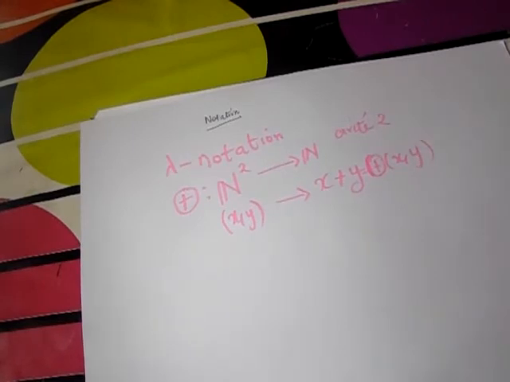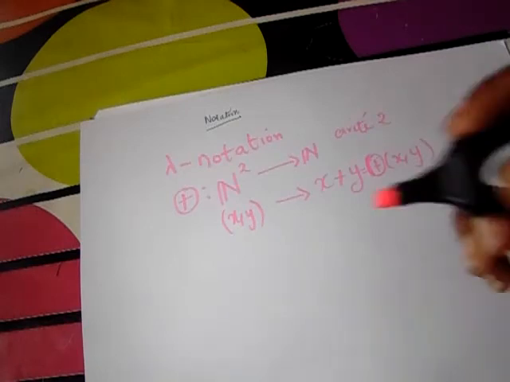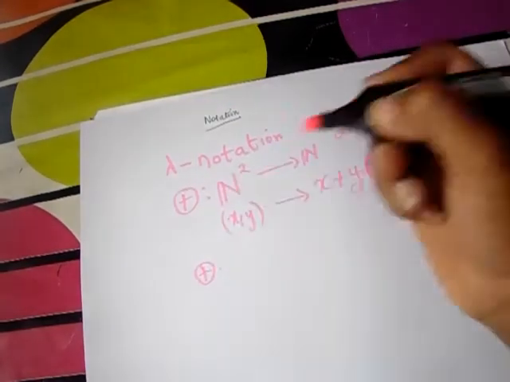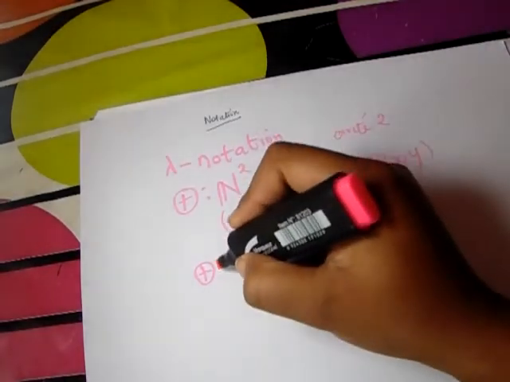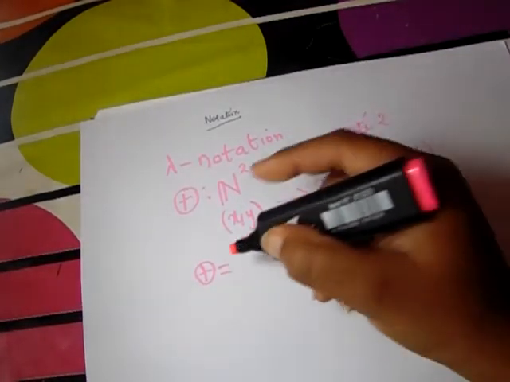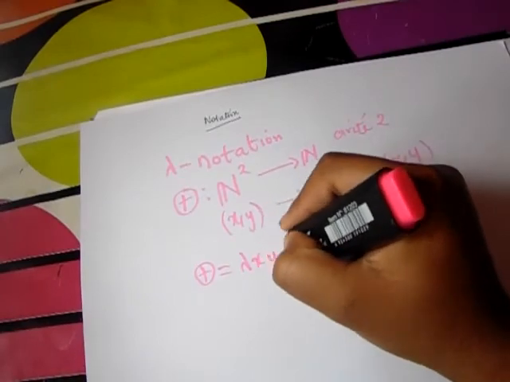But now if we're using the Lambda notation, it makes it shorter, but you still understand the concept, you understand what the definition is actually talking about. So when we're using the sum function, what we basically do is we write the function name and say it's equal to lambda xy.